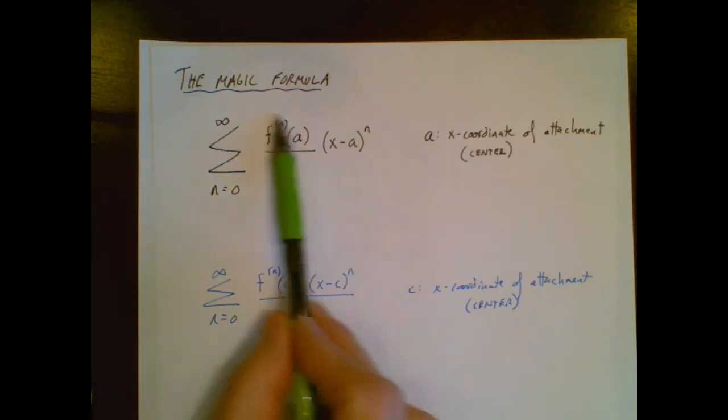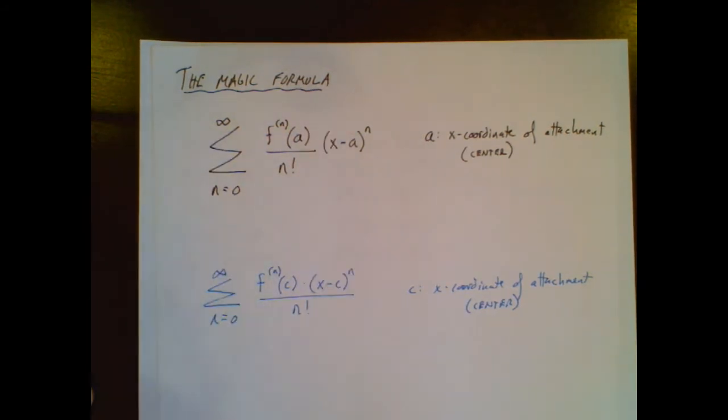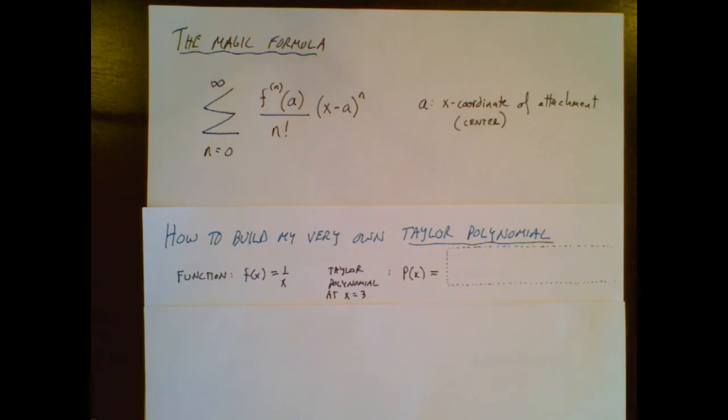So that gives you a little bit of an idea of what's going on inside this formula, but you won't have a real appreciation for it until we go through a problem. We're going to build our very own Taylor polynomial, which is the fancy word for a curvy approximation of a curvy function.